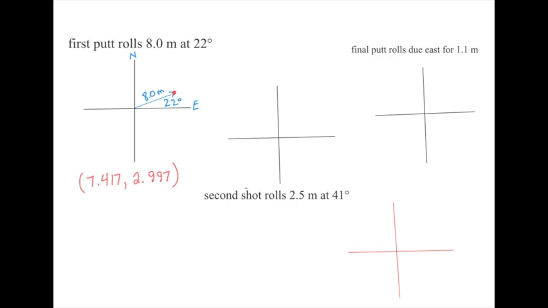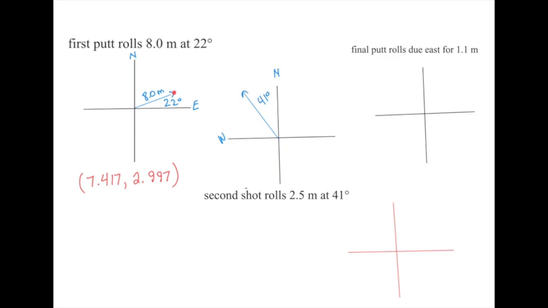So now he rolls 2.5 meters at 41 degrees, and they said west of north. So when I do this particular one, I have north, I have west, 41 degrees west of north is right here.